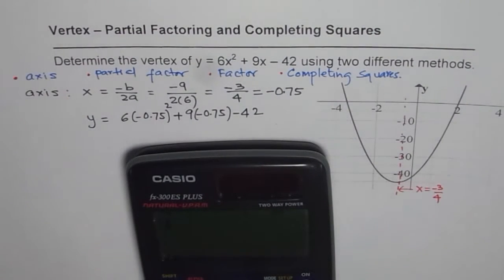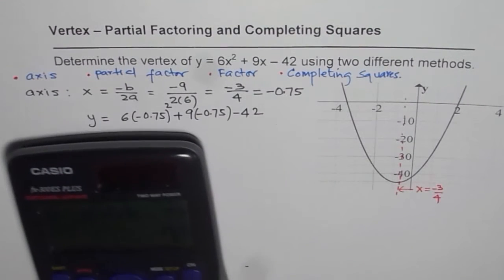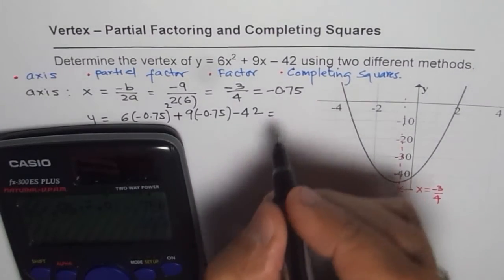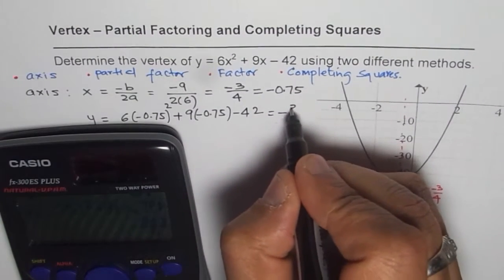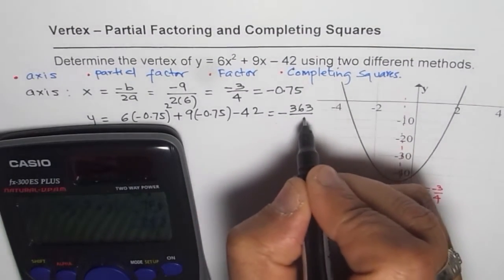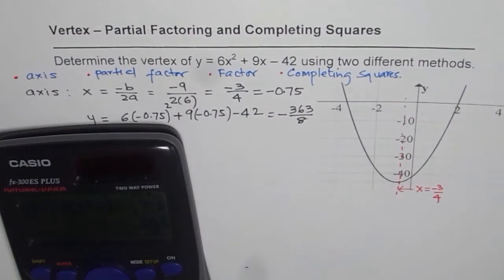So it is 6 times within brackets minus 0.75 squared, plus 9 times within brackets minus 0.75, minus 42. That gives you a value which is minus 363 over 8.